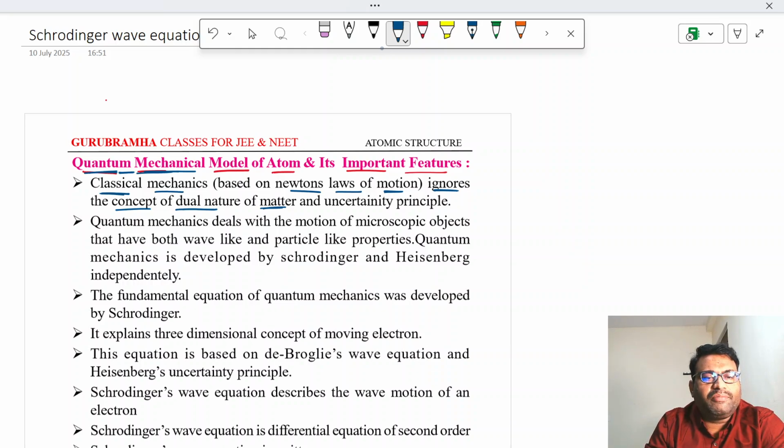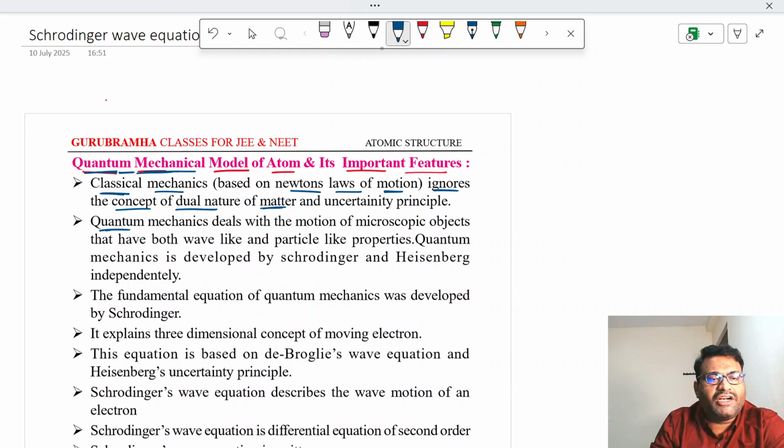Based on classical mechanics, it is proposed that matter has only particle nature, but not a dual nature, that is wave nature. So classical mechanics takes only the particle nature of matter, but wave nature of matter is not taken.